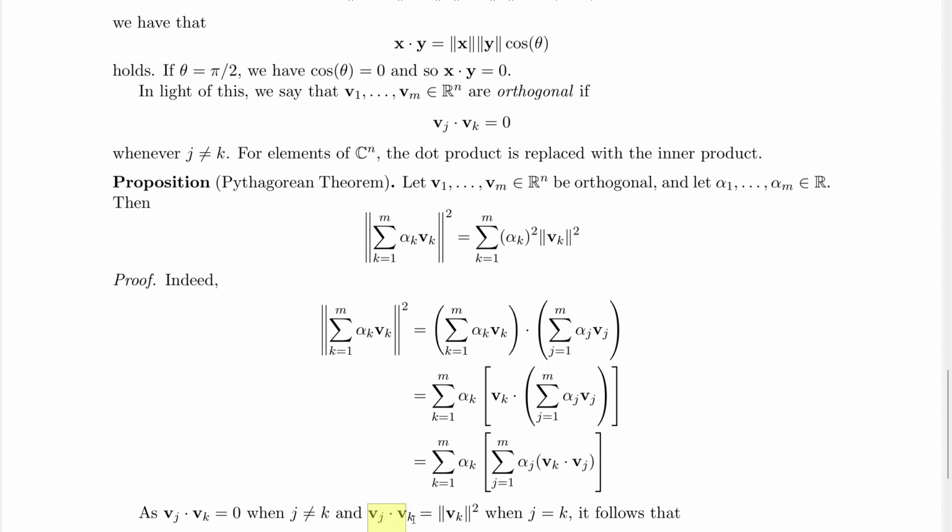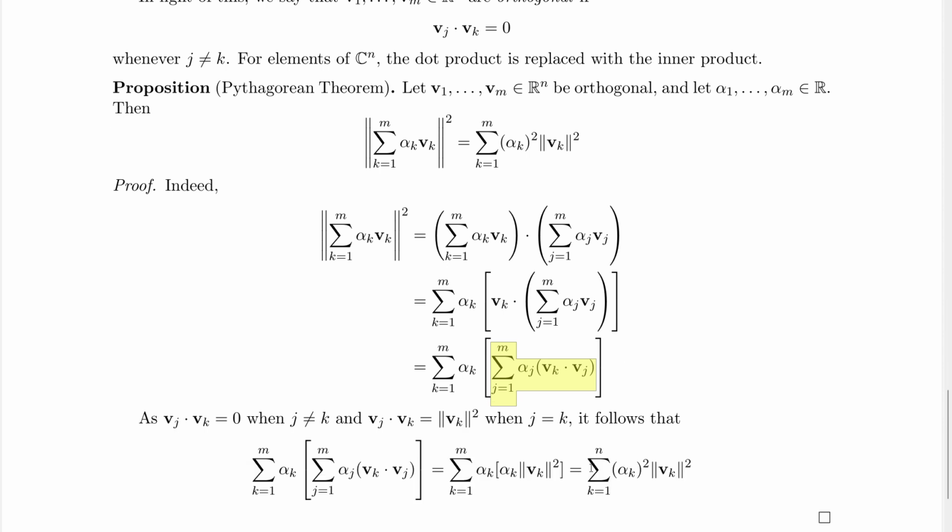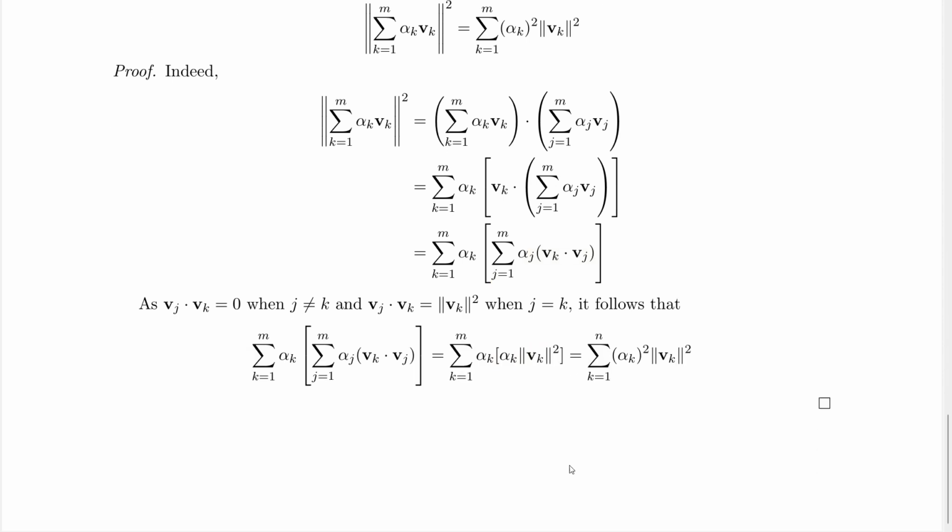And when the indices are the same, you'll get the length quantity squared, by definition. So in this summation here, everything drops out except for an alpha k squared times the length of vk squared. Just like that, and there you go. What was to be proven has indeed been proven.